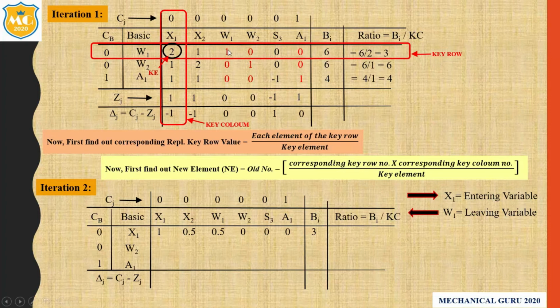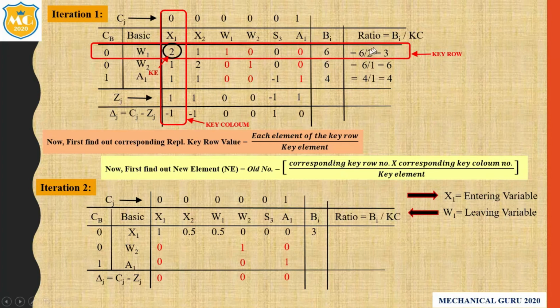Okay, so the W1 value, that is 1, 0, 0 and 0, just copy and paste in the X1 column. So here 1, 0, 0, 0. Next, W2 column value 0, 1, 0, 0, just copy and paste as it is. Similarly, A1 column 0, 0, 1, 0, just copy and paste it here. Done.